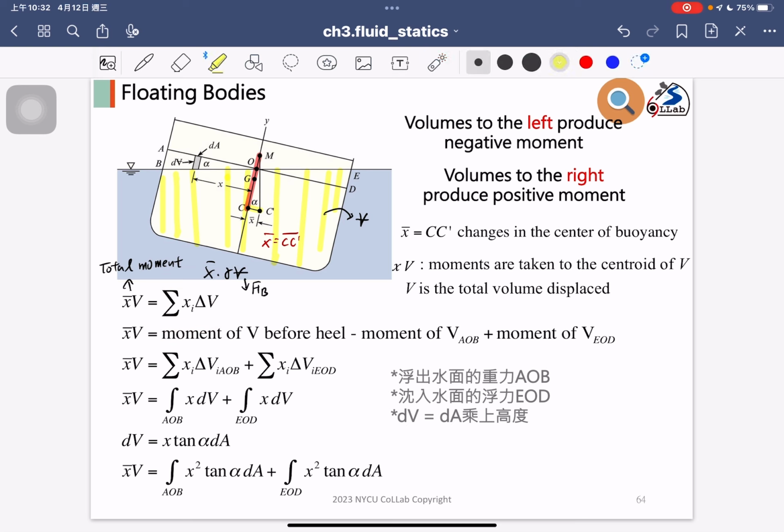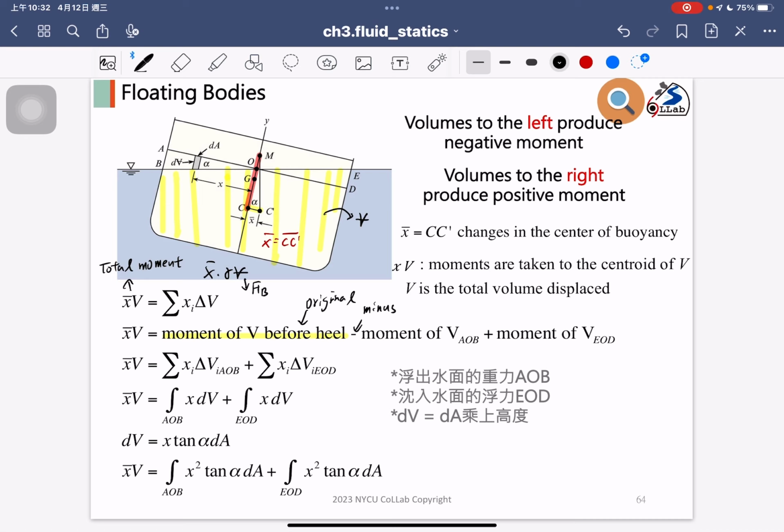So what are the sub moments? We will have the original moment. What is the original? The original is the ship didn't rotate with the alpha angle, just standing there. Then the original moment will minus, you see that is a minus, right? Why is it the minus?